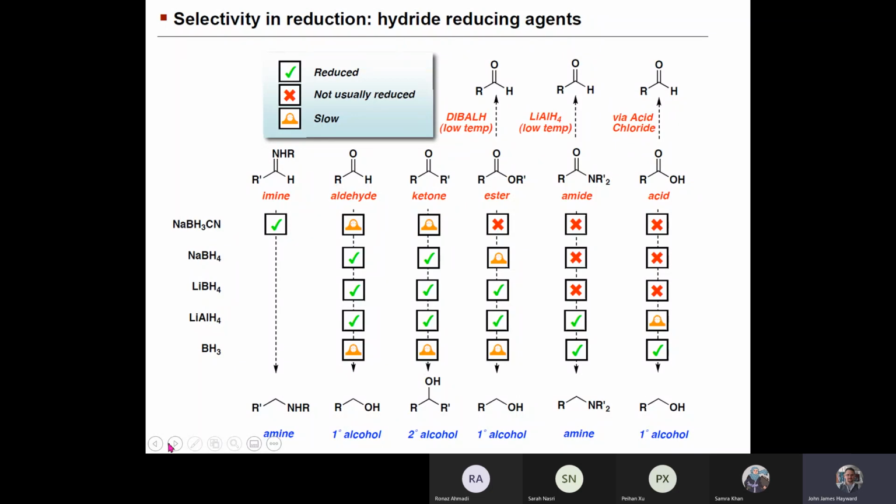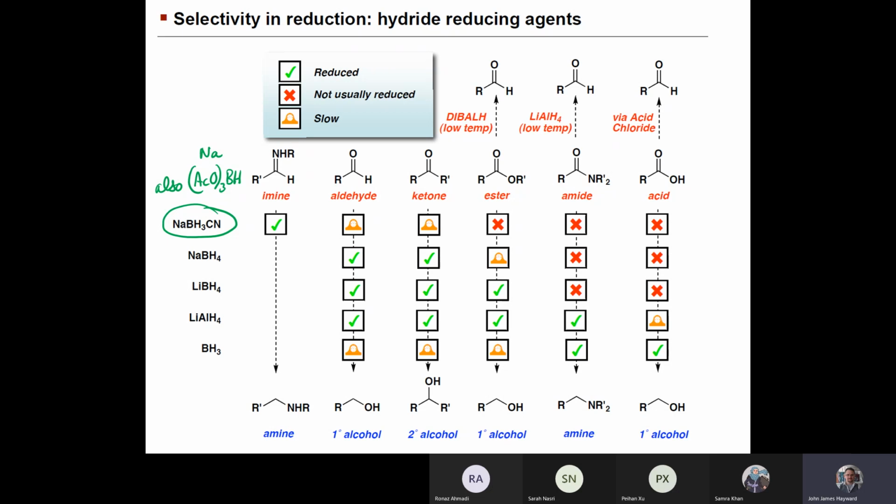Anyway, so the weakest reducing agent in this list is sodium cyanoborohydride. And similarly weak is sodium acetoxyborohydride.